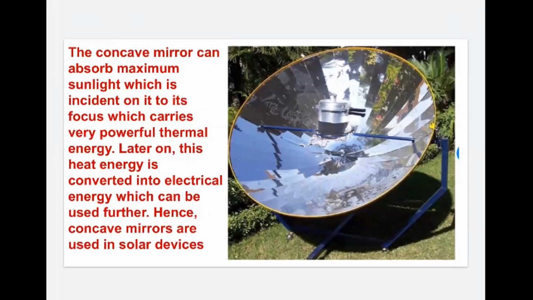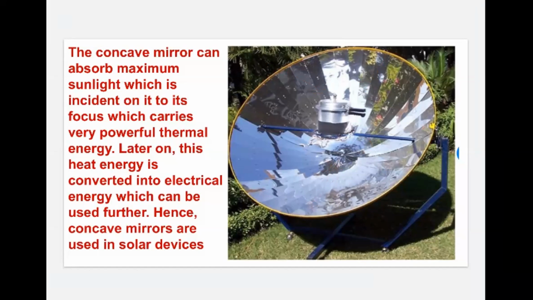The next application of concave mirror is that they are used in solar cookers. See how this is being used to cook food. The concave mirror can absorb maximum sunlight which is incident on it. Sunlight comes and falls on this concave mirror, and if the cooker is placed at the focus, what would happen?